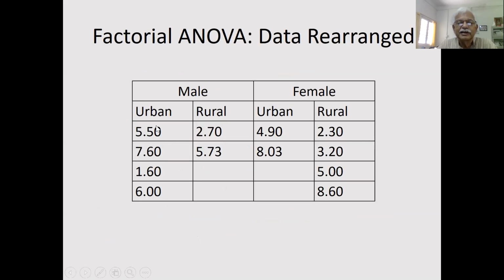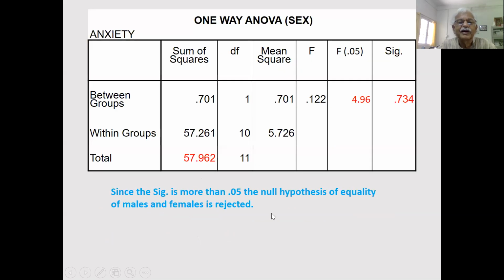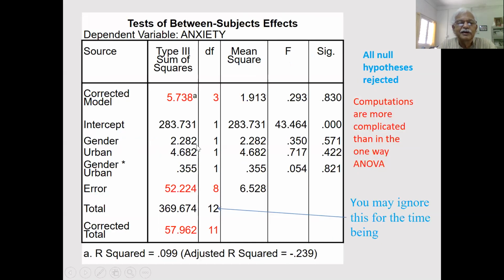In factorial design, averages can be shown to be arranged like this: males, urban, rural, females, urban, rural. One way ANOVA looks like this. It has one between, one within, and total.